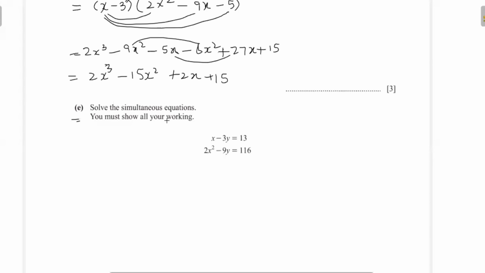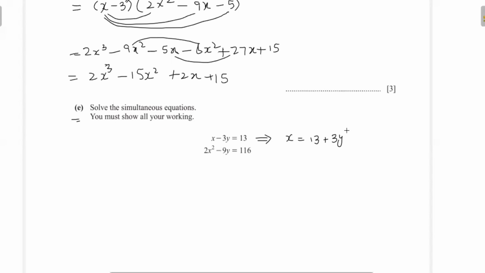Part E, solve the simultaneous equations, you must show all your working. You see here are two equations. First equation is x minus 3y equal to 13. We can write this equation as x equal to 13 plus 3y. And the second equation is 2x squared minus 9y equal to 116.